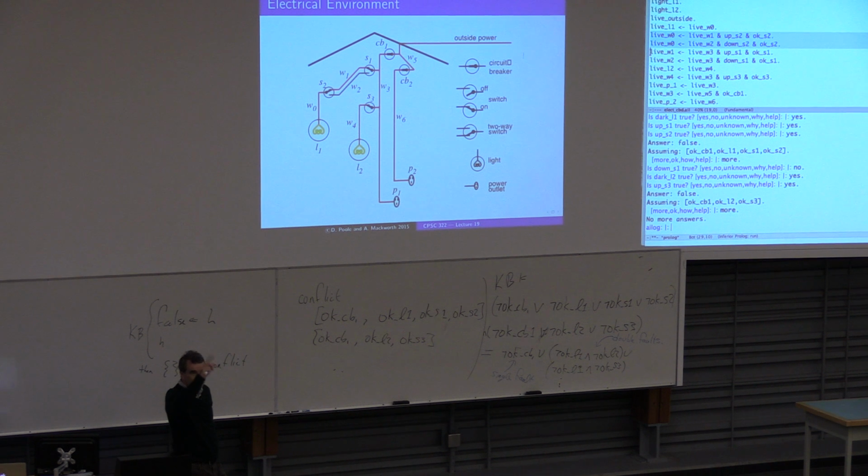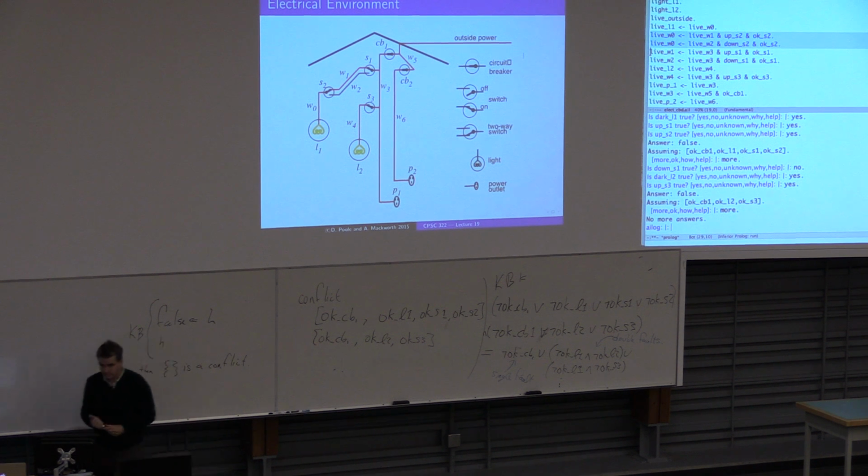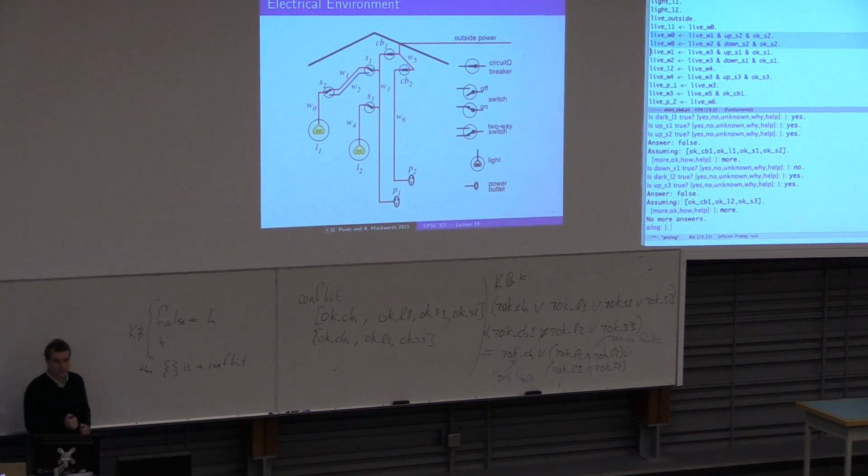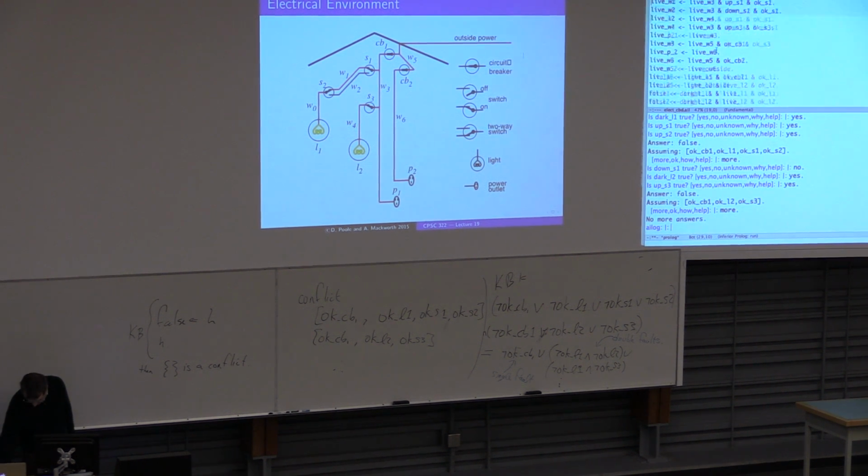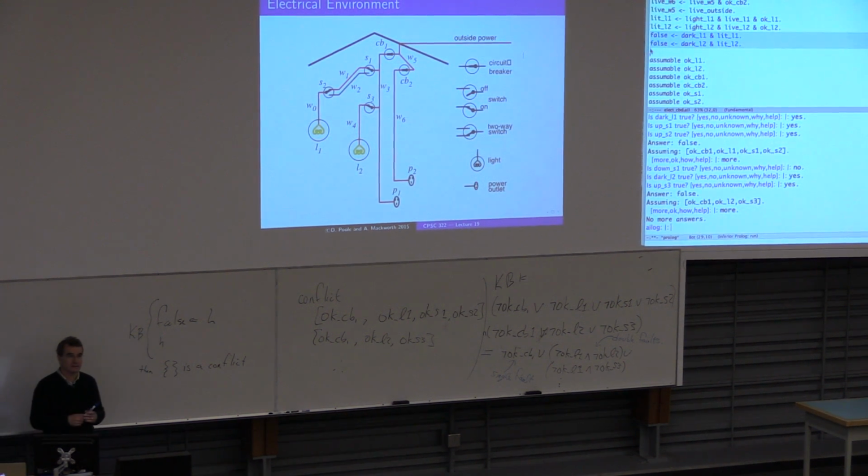Essentially it's going through all the proofs. It's just trying all the proofs, and if you look at the two proofs for false, they're the two answers.